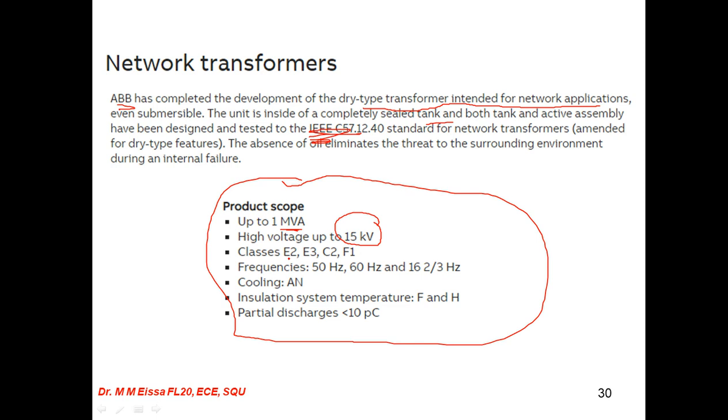We have different classes, different frequencies, cooling of kind AN, air natural, and partial discharge that is very small.